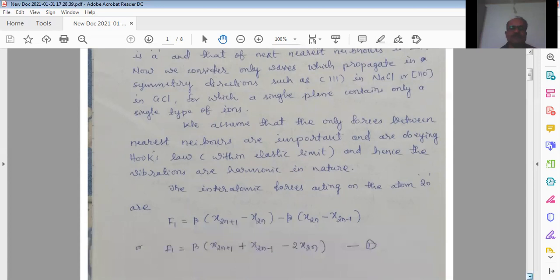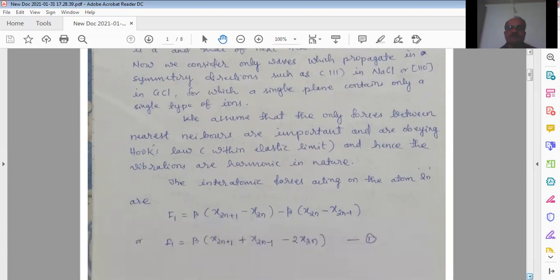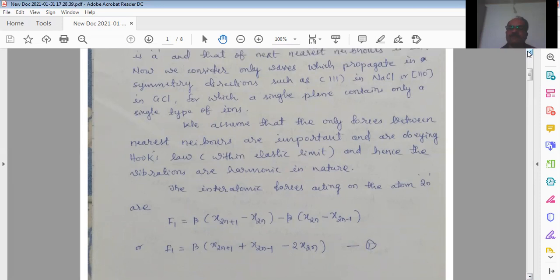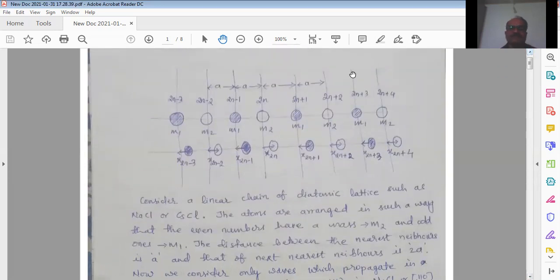We assume that the only forces between nearest neighbors are important and obey Hooke's law. That means we are within the elastic limit, and hence the vibrations are harmonic in nature. What is the meaning of nearest neighbors? Suppose I am considering this atom, designated as 2n.